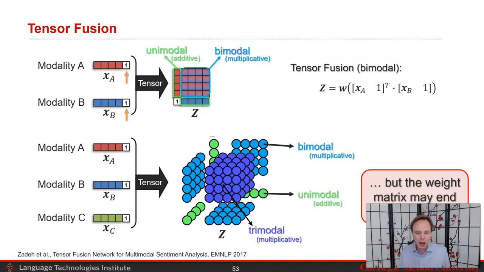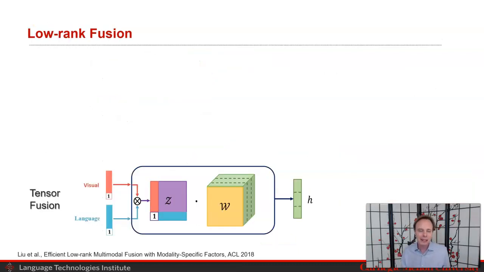So to solve this and to help with that, there was this idea of low rank fusion. I'm going to show it here with only two modalities, because three gets a little bit harder. You have your two modalities, you multiply them, and you get your bilinear tensor Z. This is going to be multiplied by W to get the fusion of all the modalities through all the possible interactions between them.